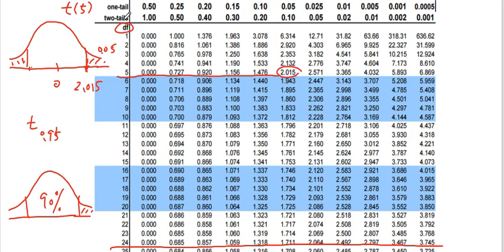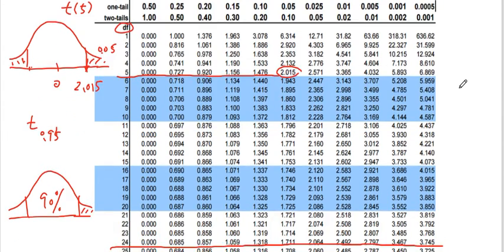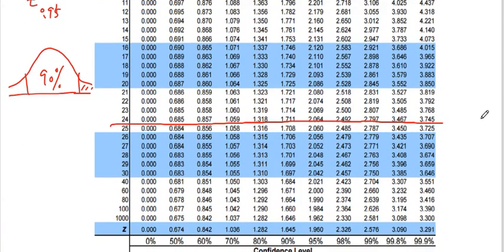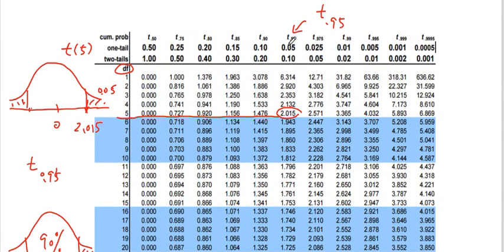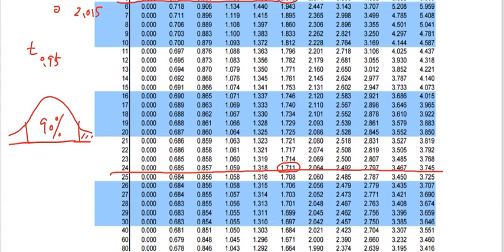So we just check 1 tail 0.05, 2 tails 10%, right? 0.10. So degree of freedom is 24, and we find the cutoff point. Yeah, 1 tail 0.05 and degree of freedom 24. So this 1.711 is our T star.